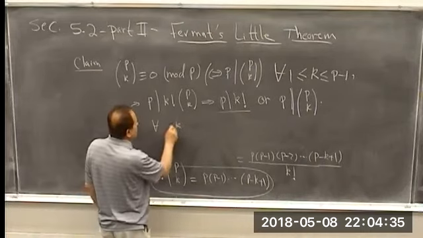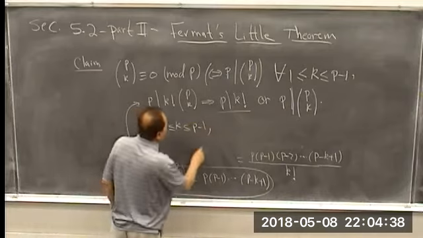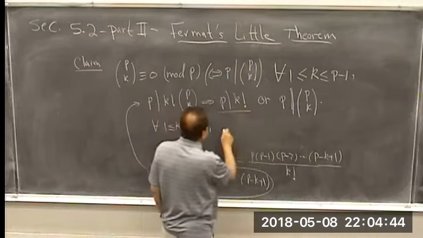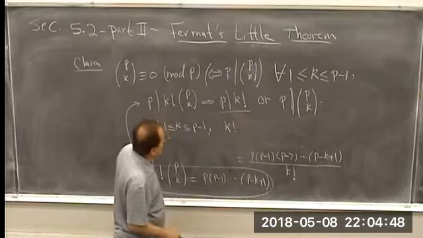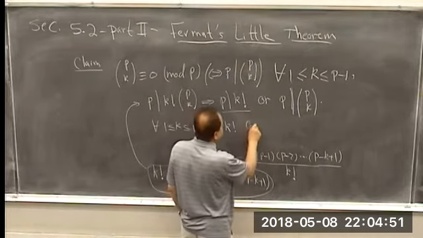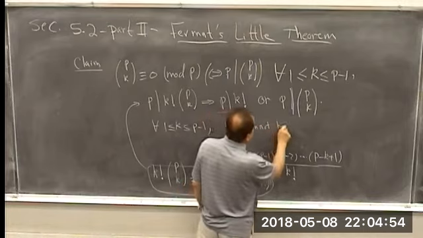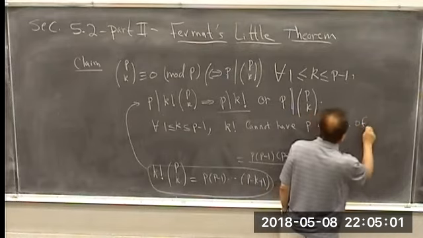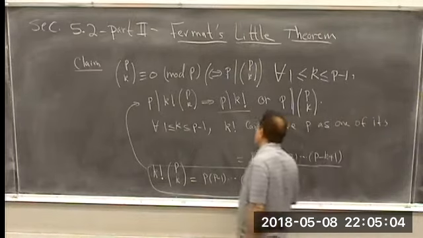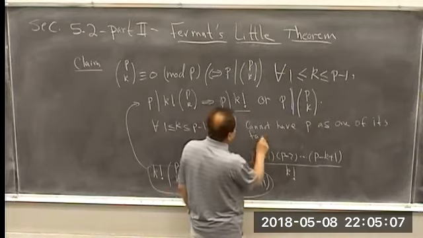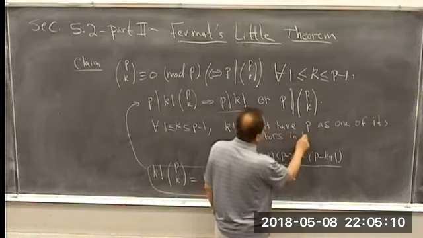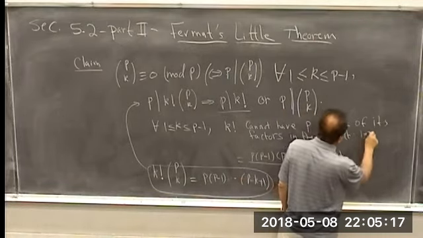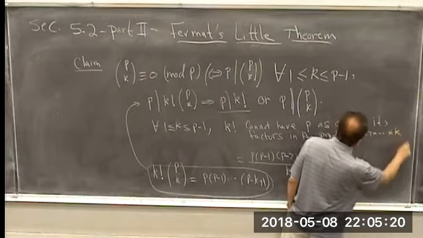For every k between 1 and p minus 1, the k factorial cannot have p as one of its factors in the product, which is 1 times 2 up to k.